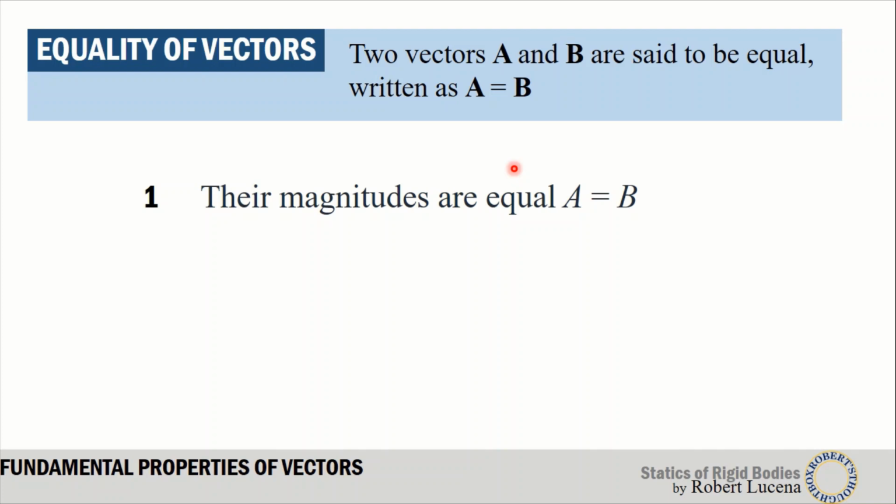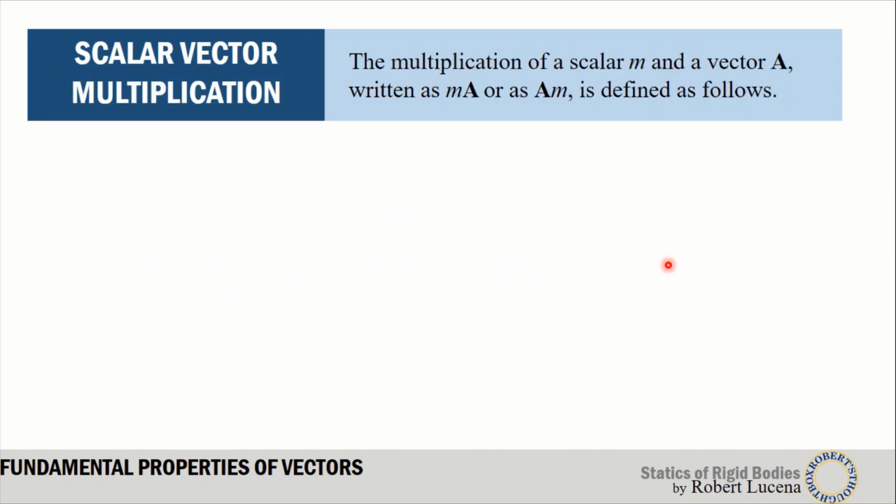If they are equal, then vectors A and B could probably be equal, but they have to satisfy the second condition, which says they should have the same direction. If two vectors satisfy the first and second conditions, then A and B are equal.